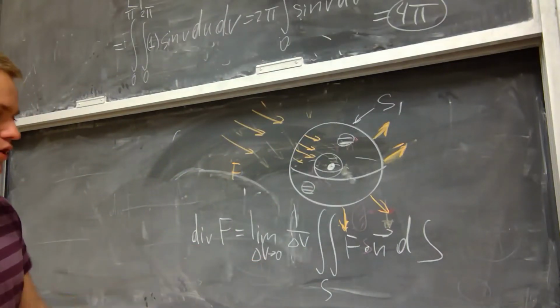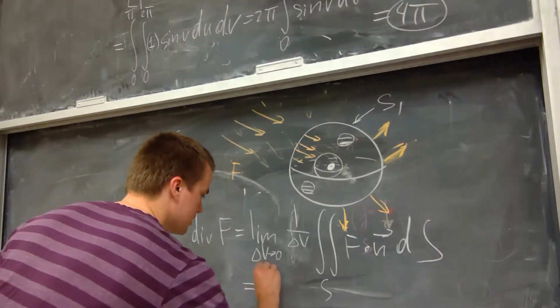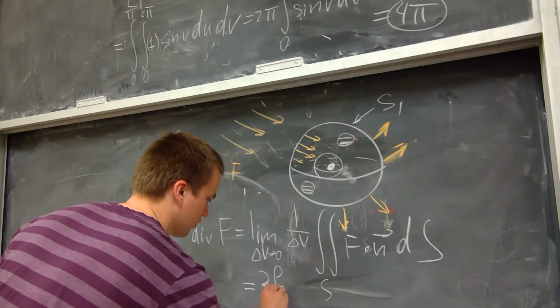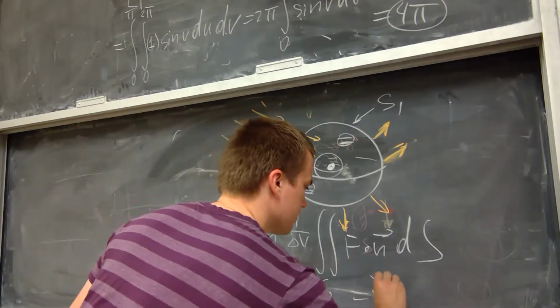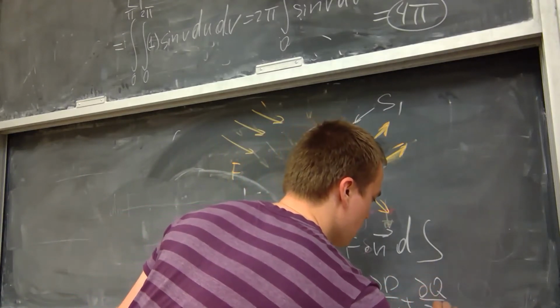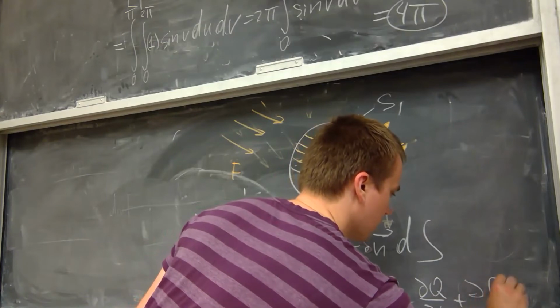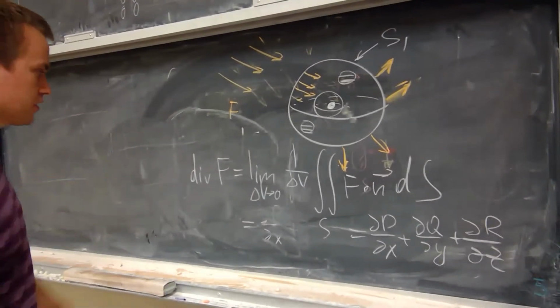There is one derivation showing that this divergence is actually equal to the partial of the first component of the vector field with respect to x, plus the partial of the second component with respect to y, plus the partial of the third component with respect to z. But that is a different story. So this is the definition of divergence.